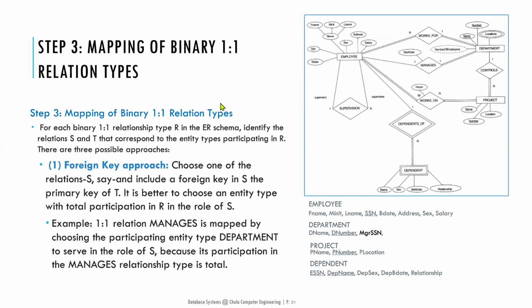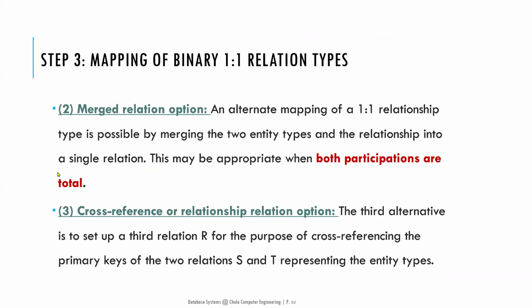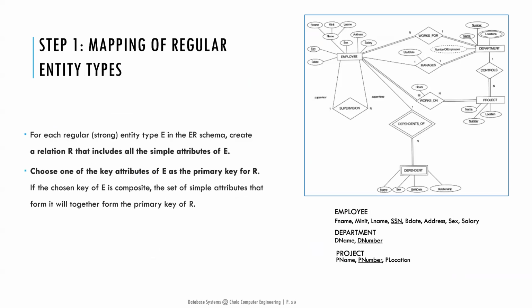Okay, now we come to step 3. If you remember, let me recap real quick. For step 1, we only take a look at the strong or regular entity type. So we have employee, department, and project there. And then we take only simple attributes. So anything that is not simple, we're not taking them.